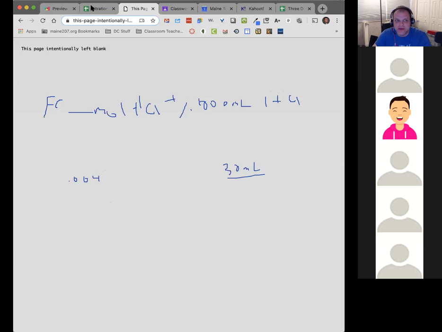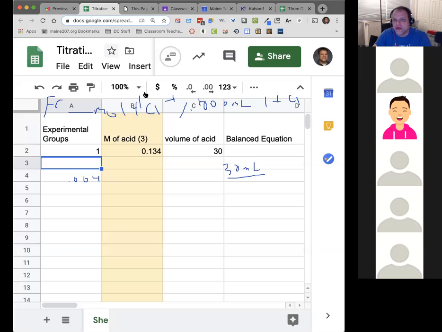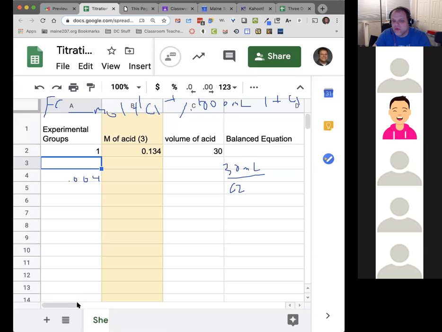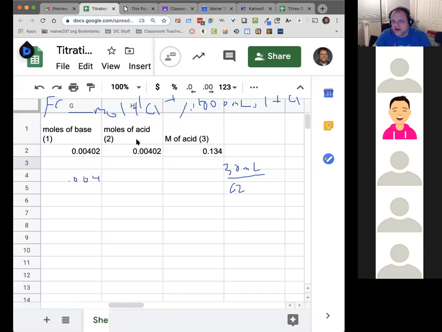Okay. And recall that these things are not constant. They're going to change depending upon which experimental group we did. So the 30 milliliters came from C2. So I'm just going to note that. This is C2. And the 0.004 is the number of moles that we solved for, which was right here, H2.